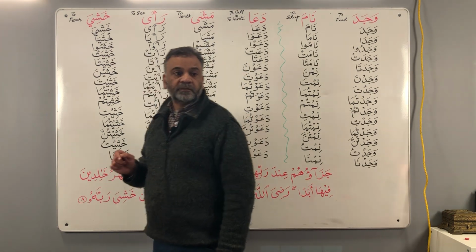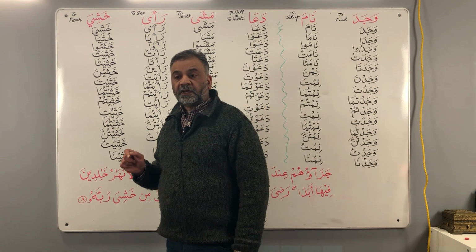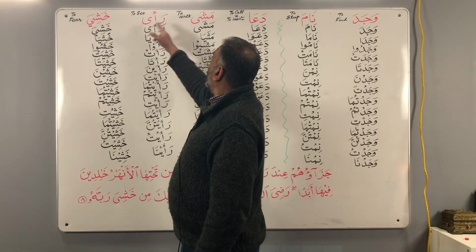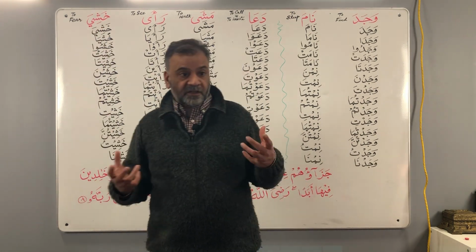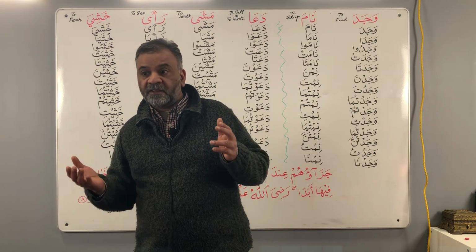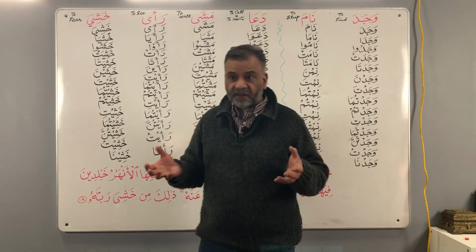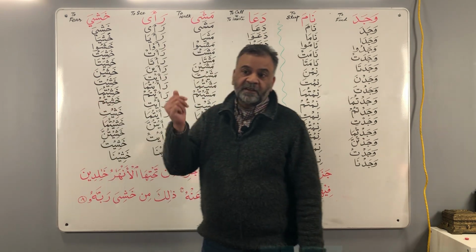Khashiya. Now ra'a, masha. Now since the ayn kalima is getting the kasra in the base form, ya is in its full form, so the ayn kalima will get the kasra.